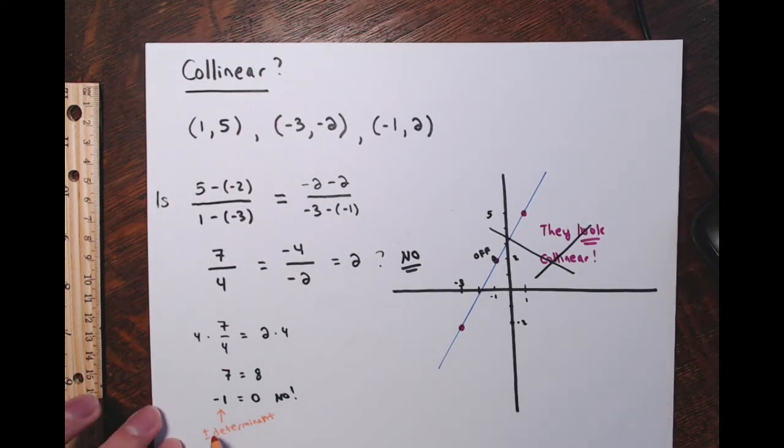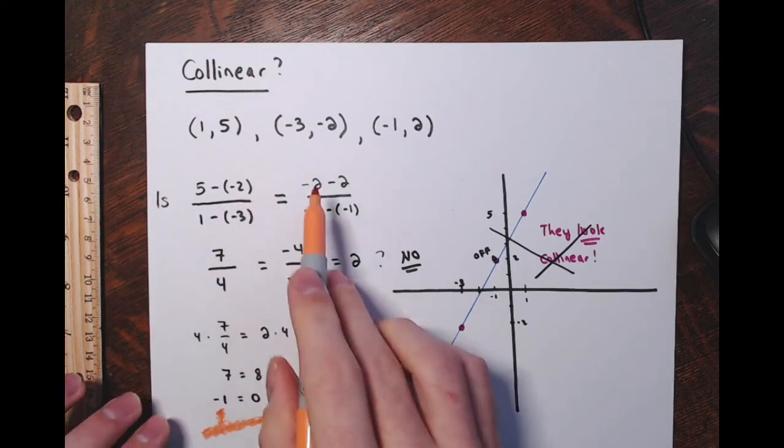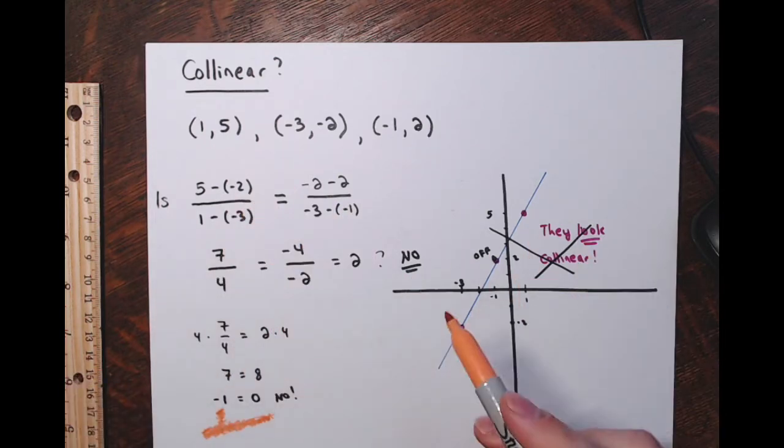No, actually, no. Nope. Sorry. That's not the determinant. Look at me making statements that aren't true. So ignore what I just said, but still, we're seeing that through all these calculations here, these are not collinear.